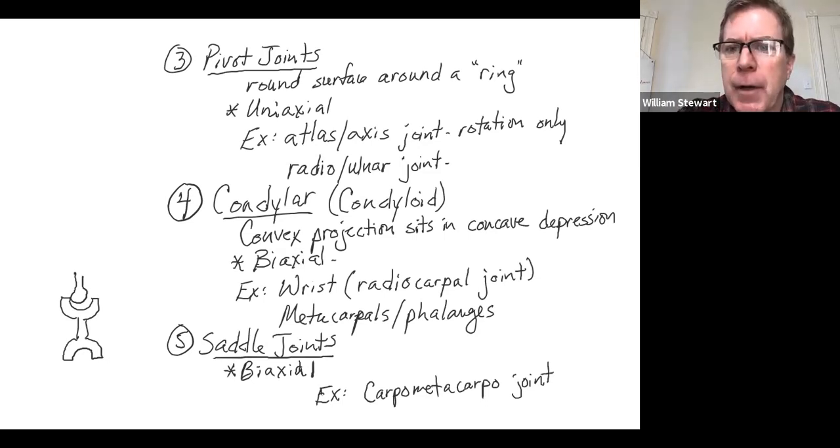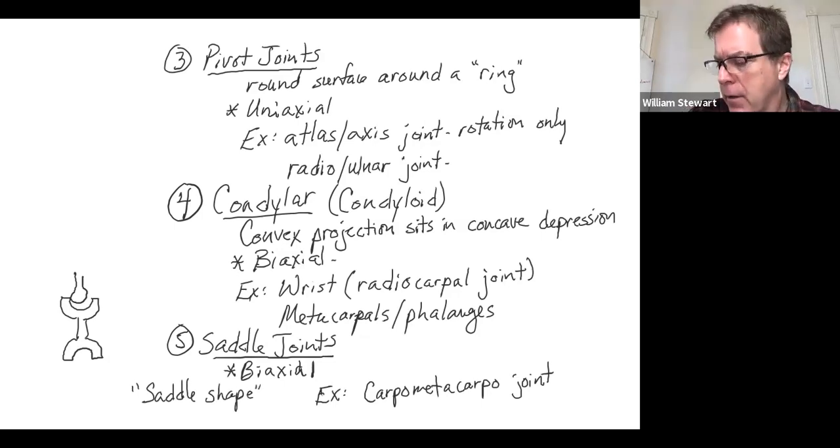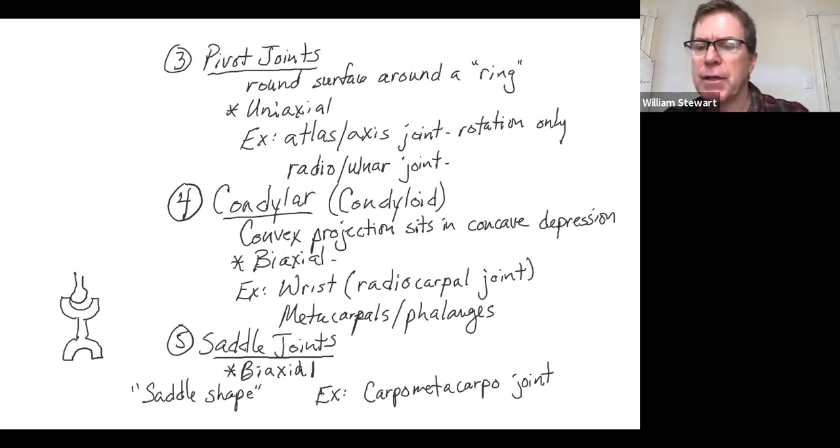I'm just going to write, they get their name from their saddle shape. The carpo-metacarpal joint, we can't really see, but you can feel it. If you palpate the top of your hand at the distal end of your wrist, right where the long bones in the fleshy part of your hand meet those distal carpal bones, those are known as saddle joints.